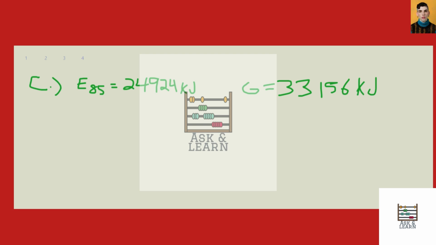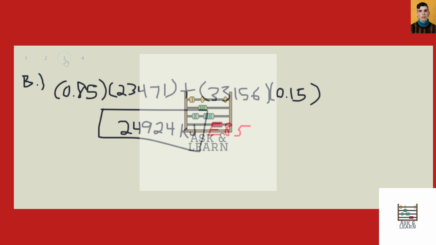So we need to find the ratio, like how much more energy we're producing with gasoline per E85. So we do 33,156 over 24,924.